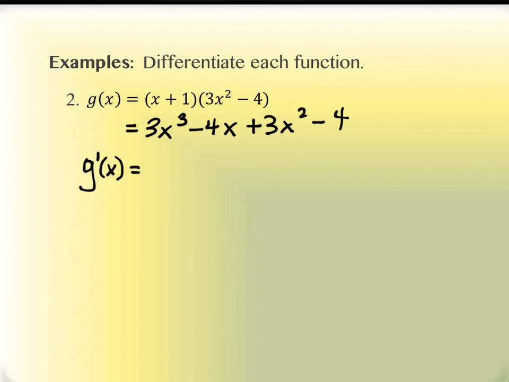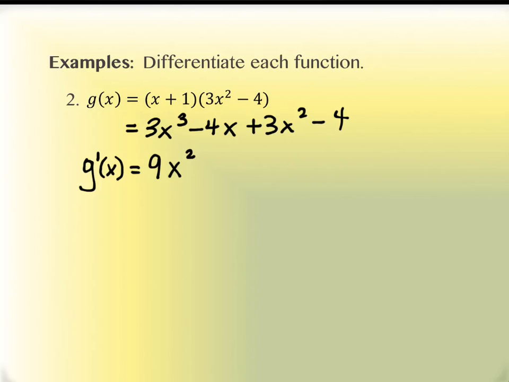So somebody tell me, what is the derivative of 3x cubed? 9x to the 7th. Oh, I wrote the wrong number. I'm sorry. I said it and wrote it wrong. Thank you. Sorry.